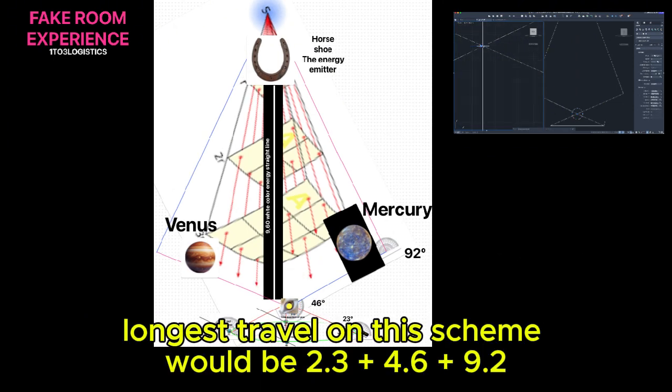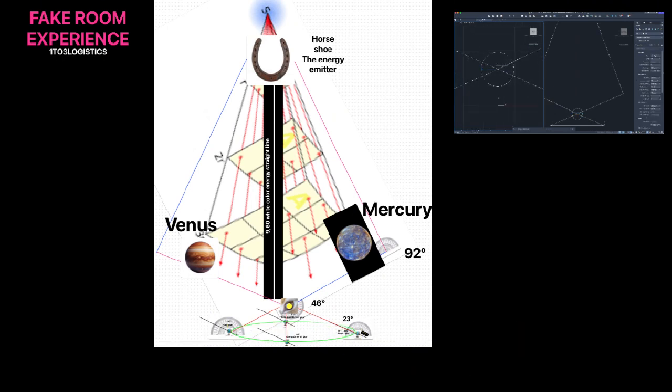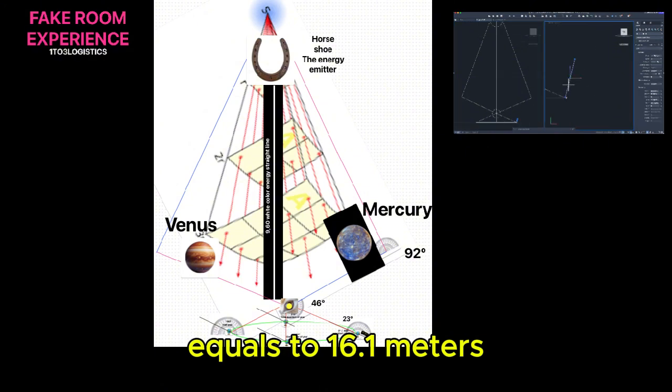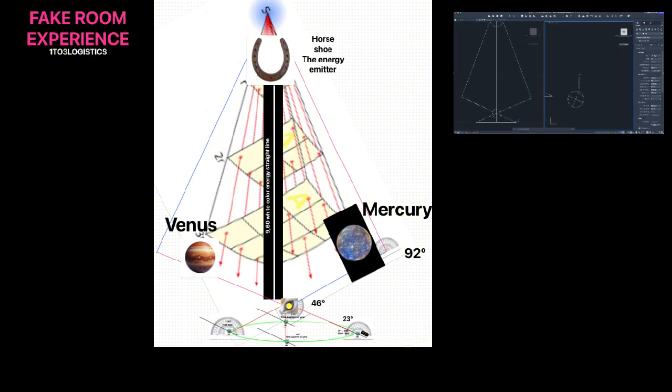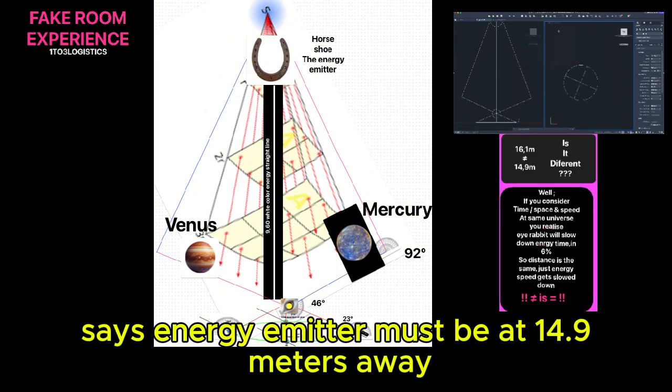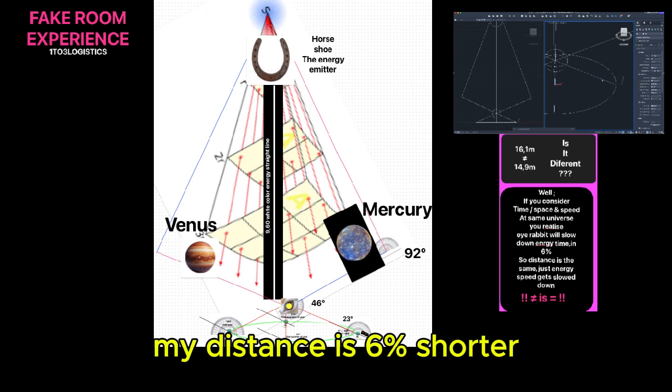The energy's longest travel on this scheme would be 2.3 plus 4.6 plus 9.2 equals 16.1 meters. Science says the energy emitter must be at 14.9 meters away. My distance is 6% shorter.